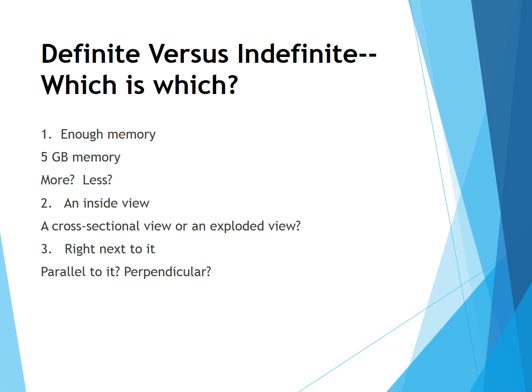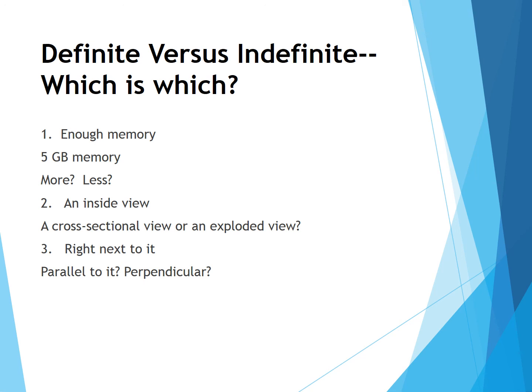When you're writing a description, in general, it's always a good idea to be definite, as opposed to indefinite. If you need 5 gigs of memory, then don't say enough memory. An inside view is vague.